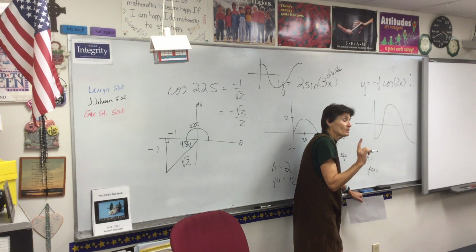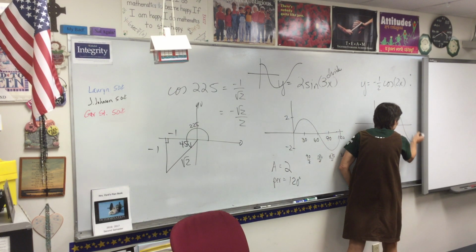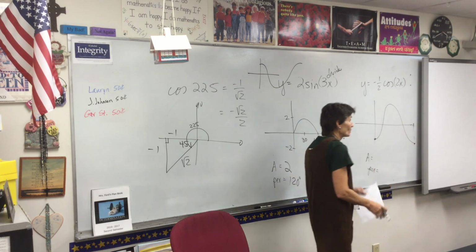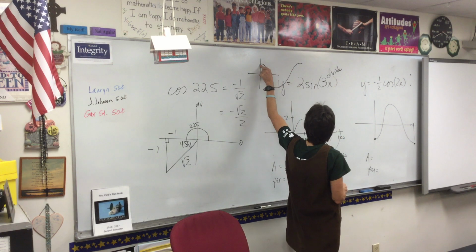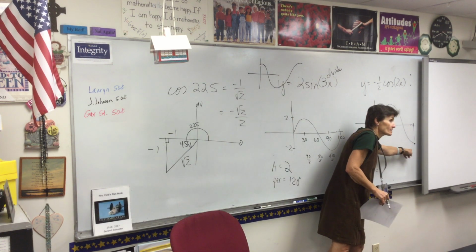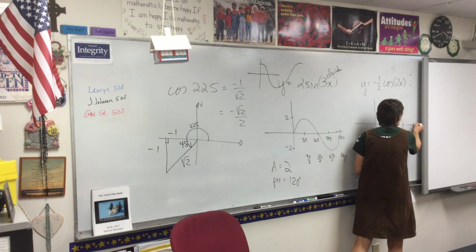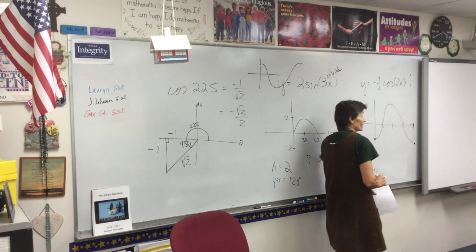Make sure when you draw your cosines that they are ending where they started, okay? Make sure they are ending where they started. So if it starts up, it ends up. If it starts down, it ends down. So your hash mark is the down point there, the end.